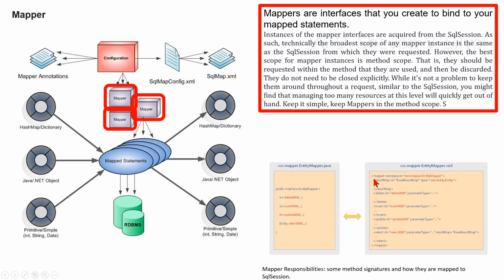That is, the ID value of the select, update, delete, insert node is the name of the method in the mapper interface.